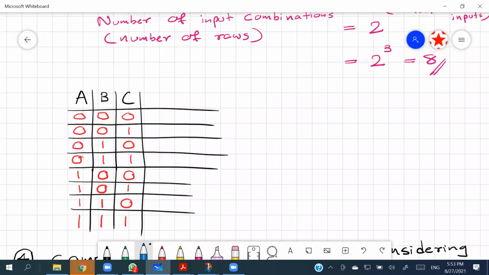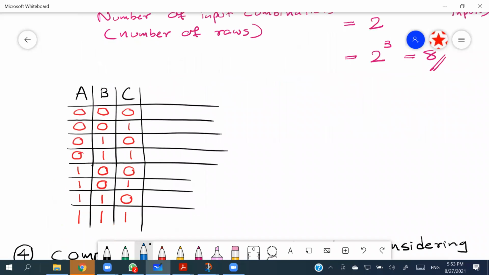Then we learned a particular pattern to plot these ones and zeros inside the truth table as the input combinations. So what was the technique or the trick? We take the first column and divide the number of rows in half.